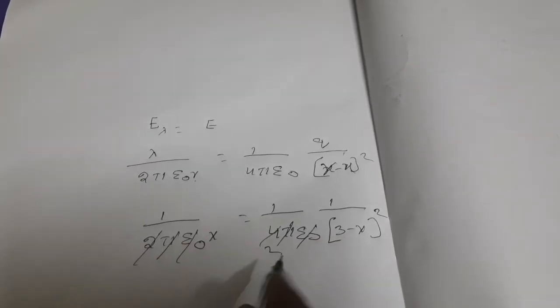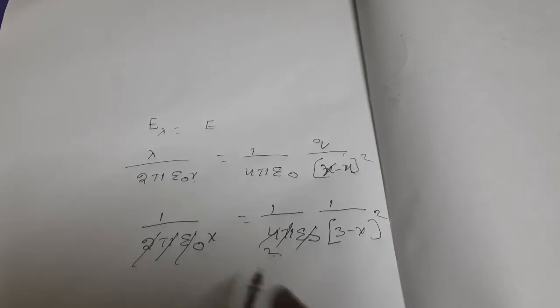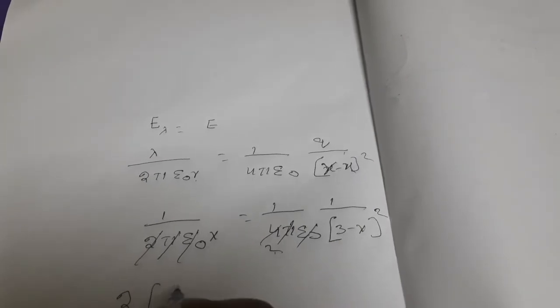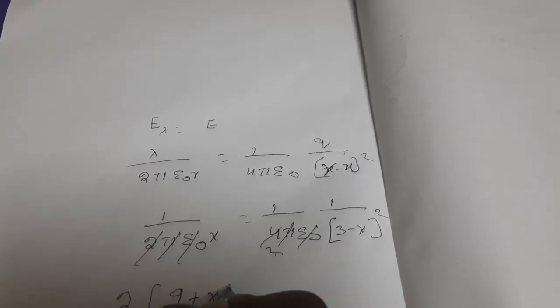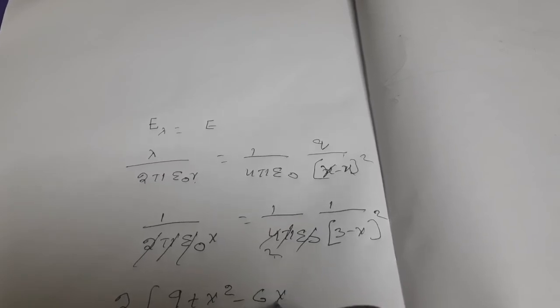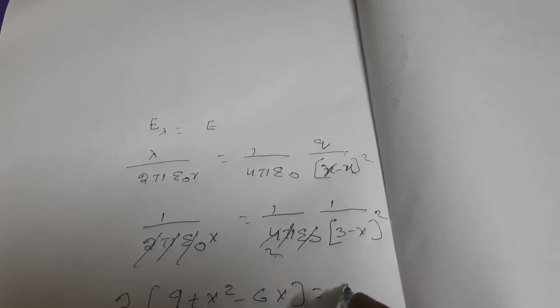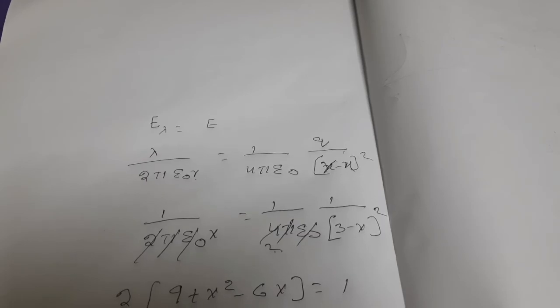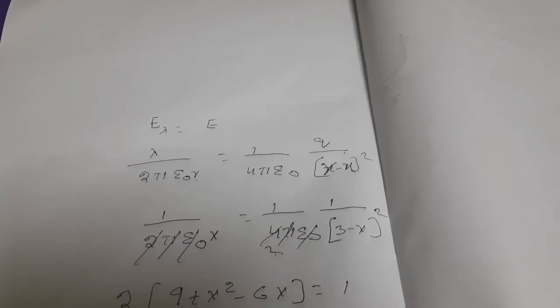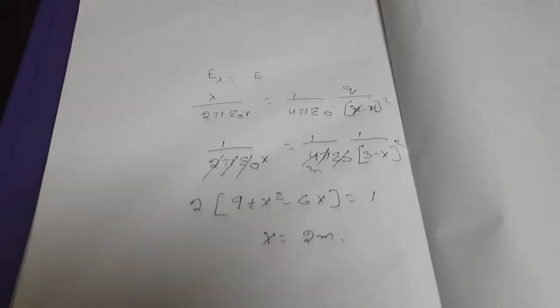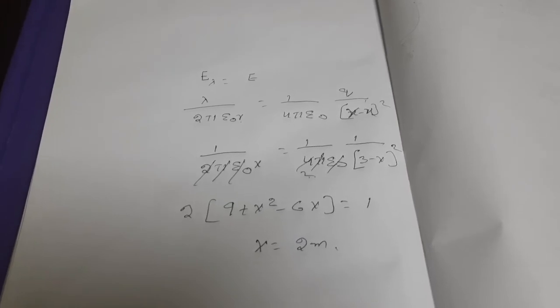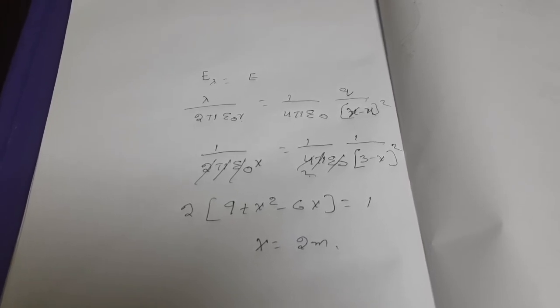So you can take this side 2 into 3 minus 2 into 9 plus x square minus 6x equals 1. So after simplification you are getting x equals 2 meters. Like that we can solve this one.